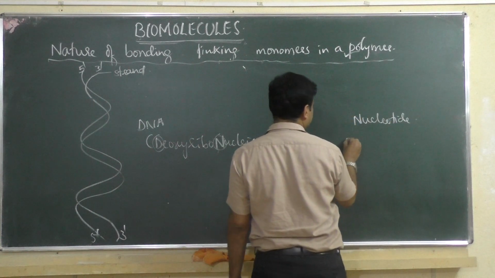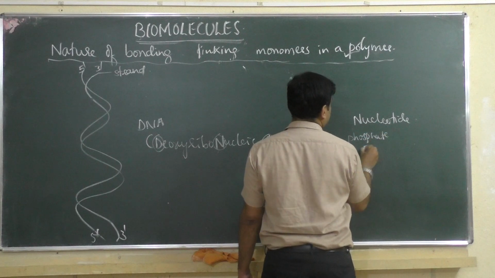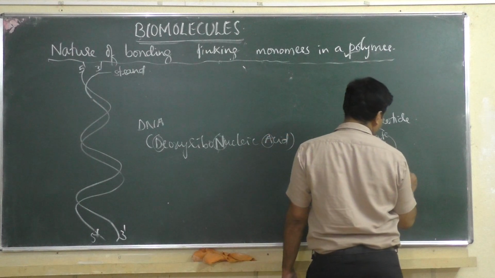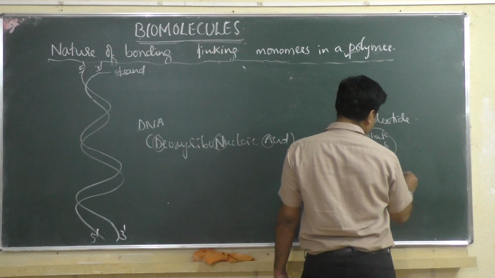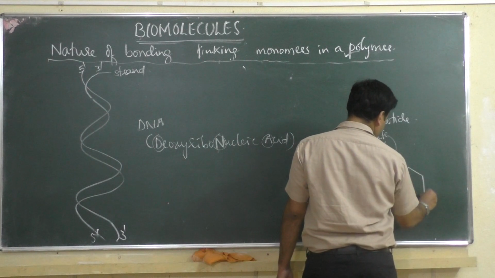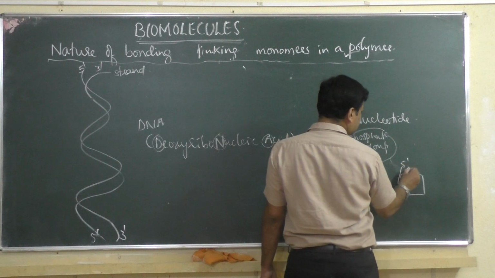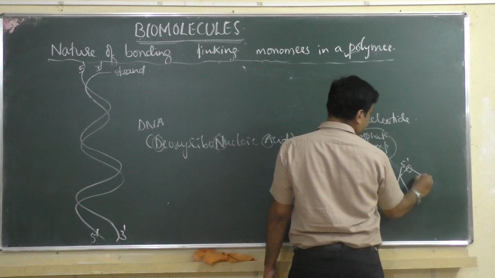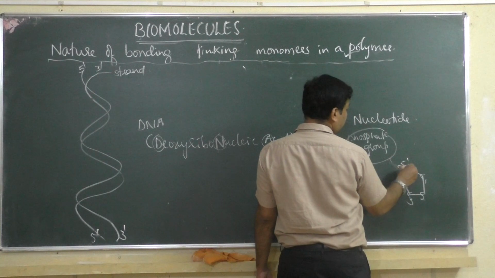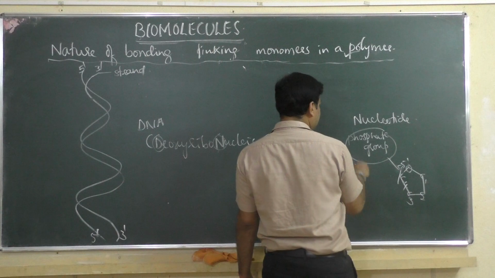Nucleotide means it will have 3 parts, like phosphate group, and the phosphate group is attached to pentose sugar, attached to the 5th carbon. So oxygen is there here, then this is carbon 1, carbon 2, carbon 3, carbon 4, and this is carbon 5. See, phosphate group is attached to the 5th carbon atom, so that becomes the 5' end.